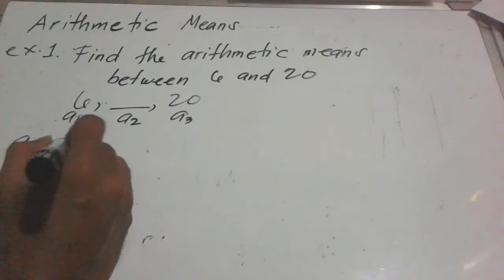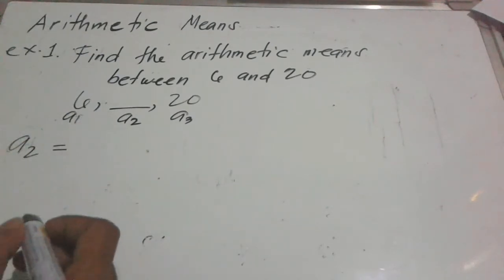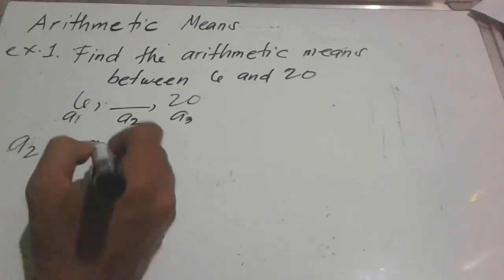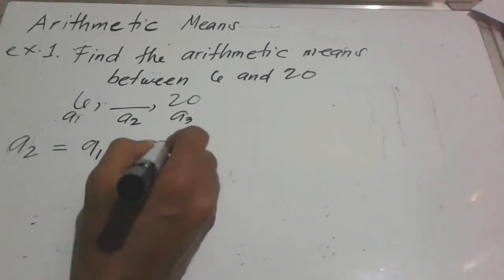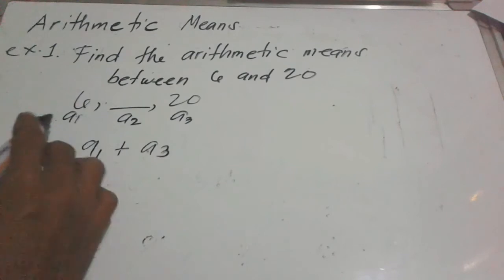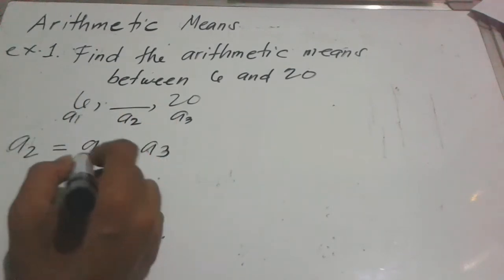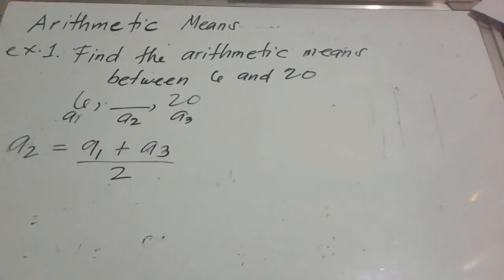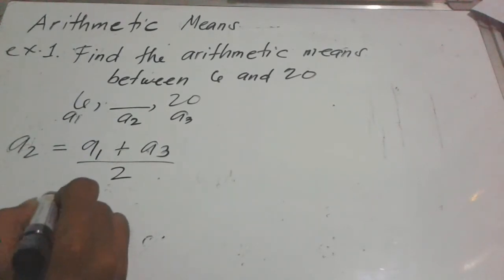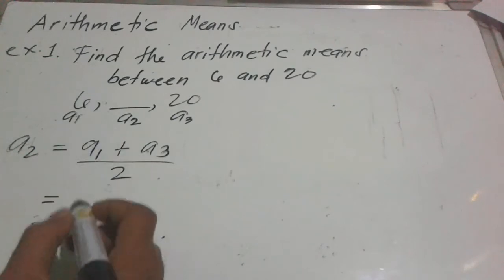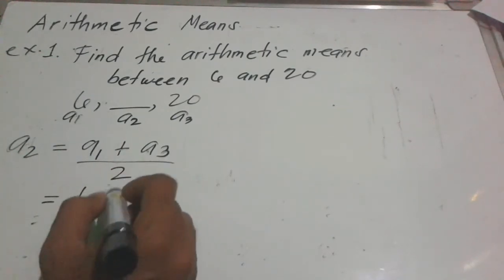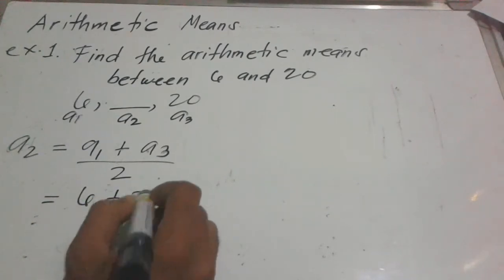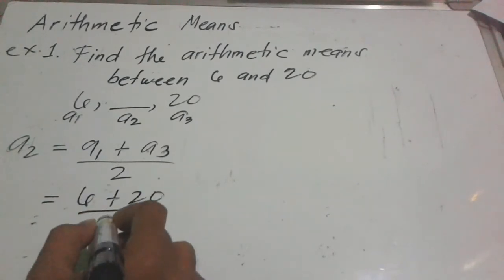A sub 2 equals a sub 1 plus a sub 3, divided by 2. So we just substitute the values: a sub 1 is 6, and a sub 3 is 20, over 2.